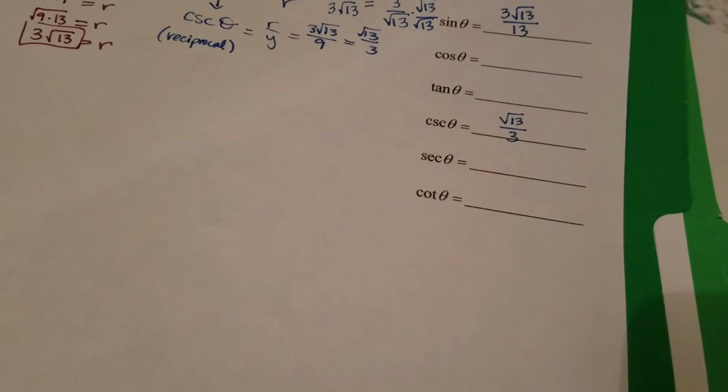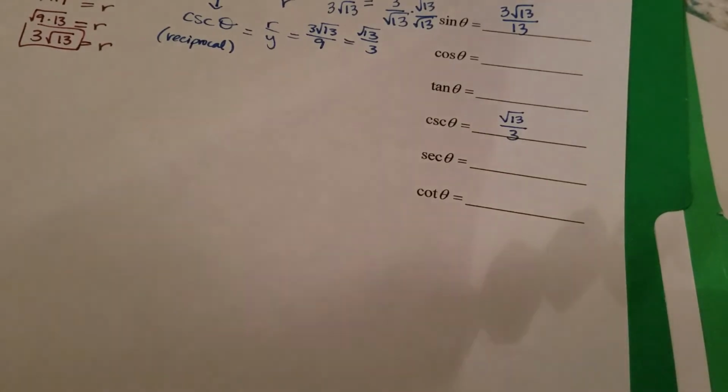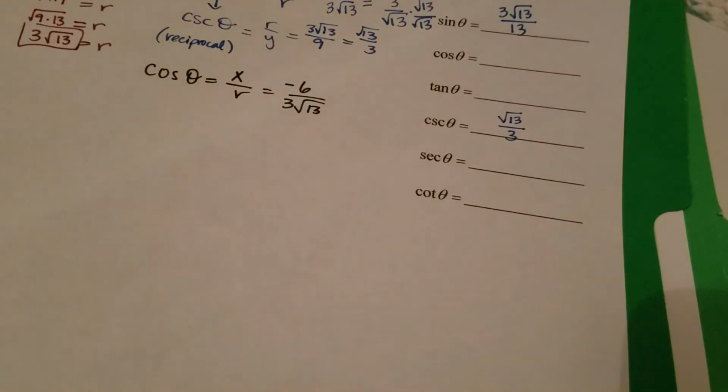All right, so now we're going to do cosine. So the cosine is going to be x over r. So your x value is -6. Your r value is 3√13. And again, you are going to take that sign.